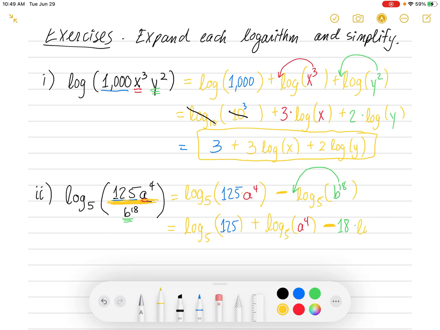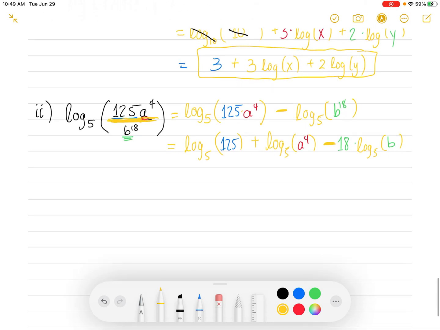We're going to put a minus sign. There's one thing I can do. I can use that third property where we take the 18 out front, and I get 18 times log base 5 of b.